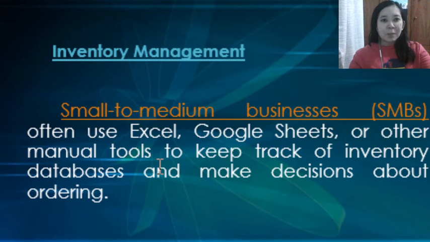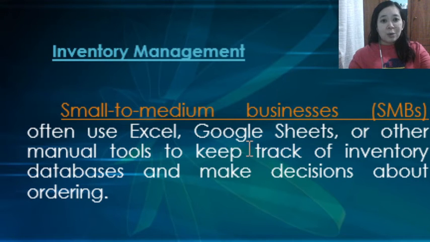So what about small to medium businesses, or SMBs? Often the tools that they use for their inventory management include Excel. Here they can encode and compute the levels and the cost of their inventories.